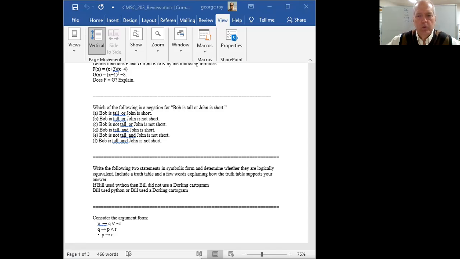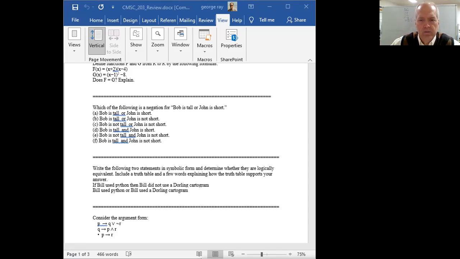And the question is, which of the following is a negation for "Bob is tall or John is short"? Well, remember from De Morgan's theorem that a negation of an or statement is an and statement.